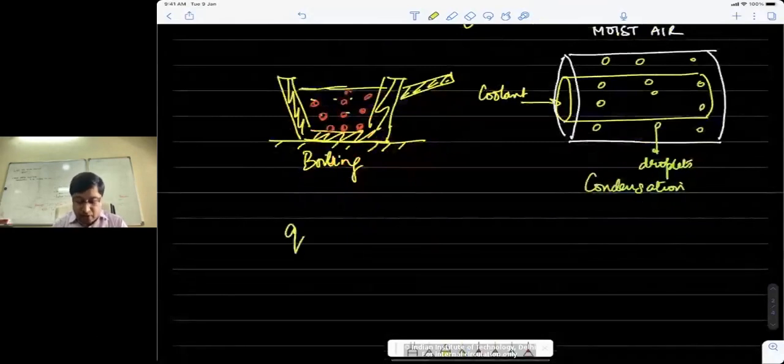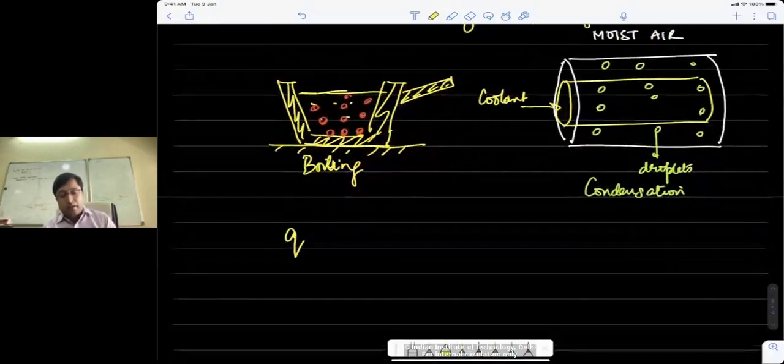The equation says that the rate of heat transfer in all these processes is proportional to the temperature difference between the hot surface and the cool fluid, or the other way around, the cooler surface and the hotter fluid. But let's choose a convention that the surface is hot and the fluid is cooler.